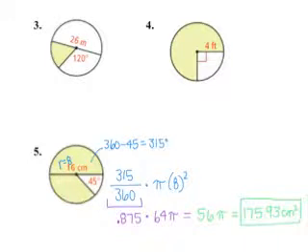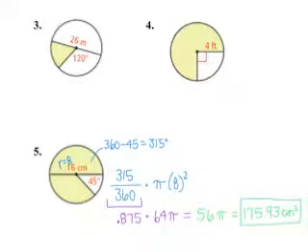When I look at this shaded region, I know that it's over 50%, and it's almost the whole thing. I noticed that the piece that wasn't cut out was 45 degrees. So I said, okay, all 360 degrees minus the 45 that isn't cut out leaves me with 315 degrees. So this central angle is 315.